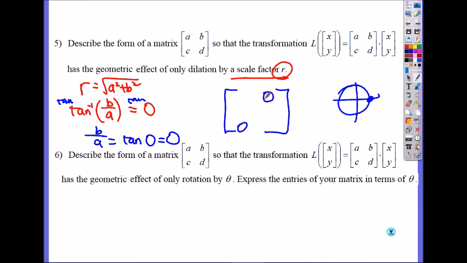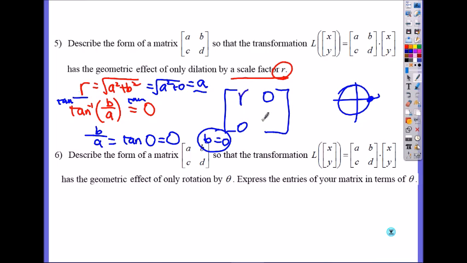So now we just have to find our a. What would a be? If b squared is added to a squared, b we know is 0, then this becomes 0. So the square root of a squared is r. So the square root of a squared is a. So what is a? r.